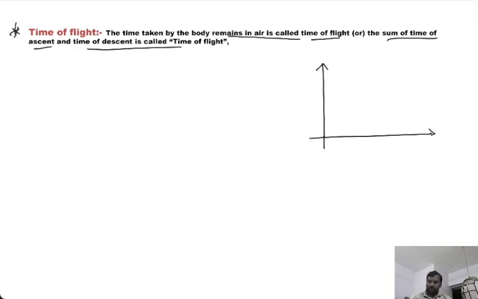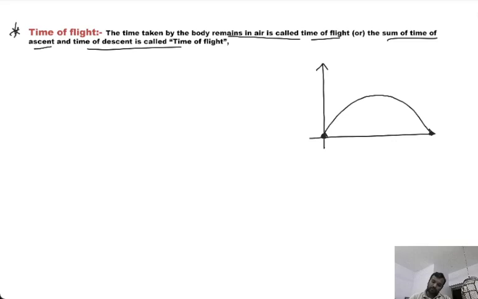Time of flight means what? The time for which the body remains in the air is called time of flight. Or the sum of the time of ascent and the time of descent is called time of flight. Now observe: the ball is thrown into the air. The total time the object is in the air, from this place to this place to this place, is the time of flight.